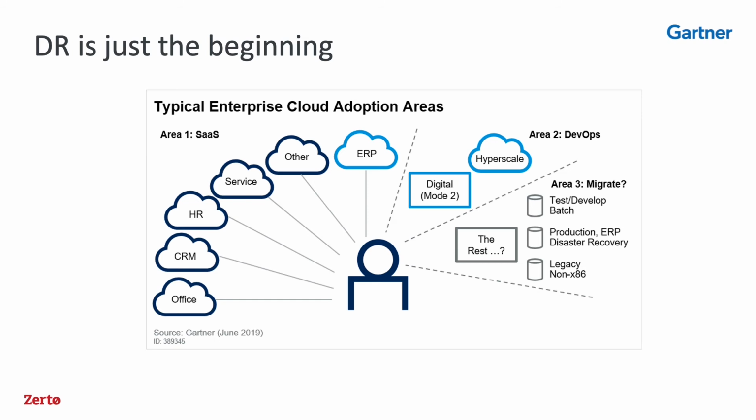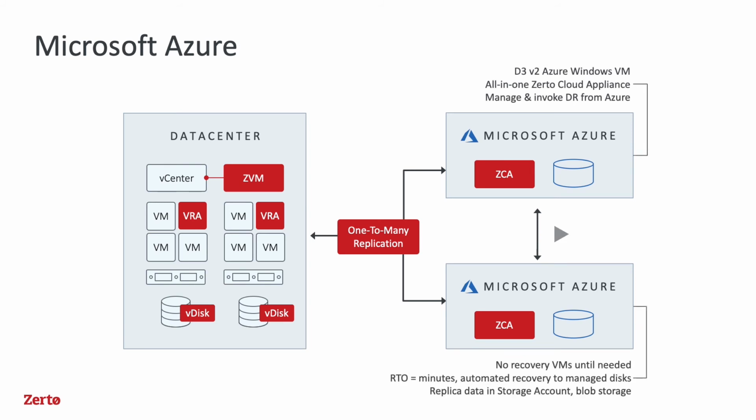With Zerto, let's take a look at the Microsoft architecture because this is very important, and then we'll look at the rest of the public cloud vendors as well. Well, with Zerto, it's still the same replication that goes to the public cloud. You still have within your primary data center your ZVM and your VRA, and what you simply do is replicate to the cloud and install what we call a Zerto Cloud Appliance.